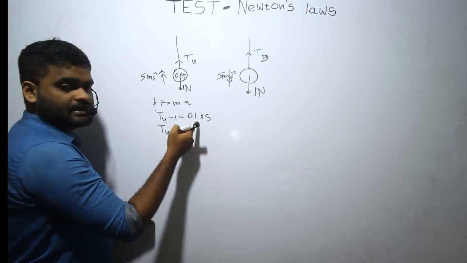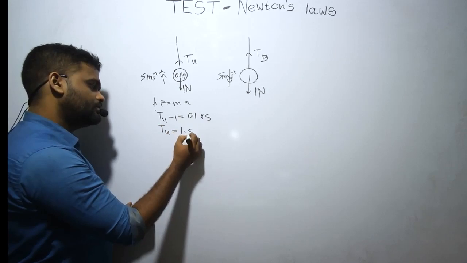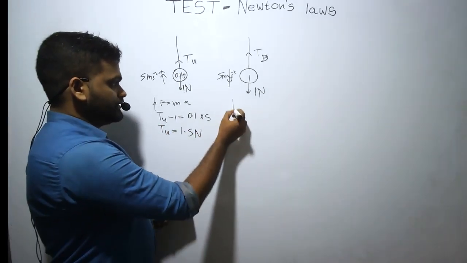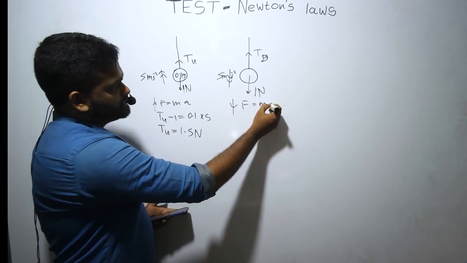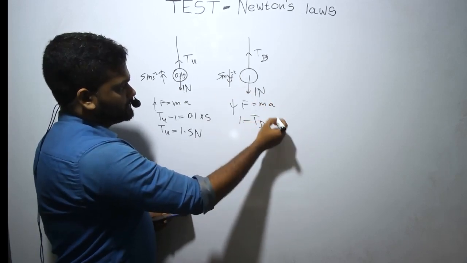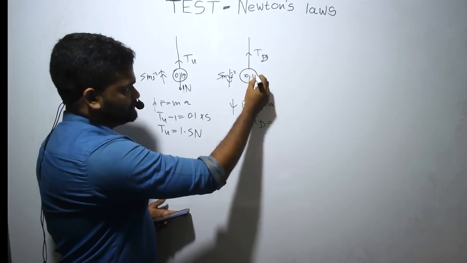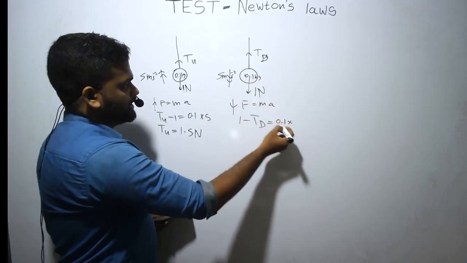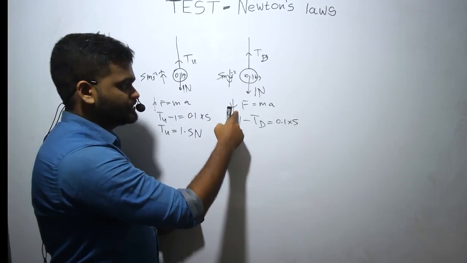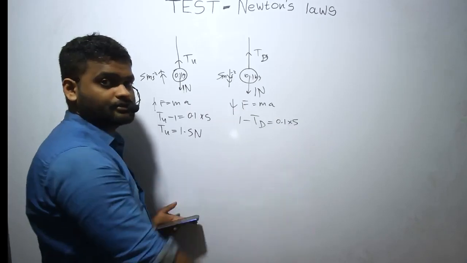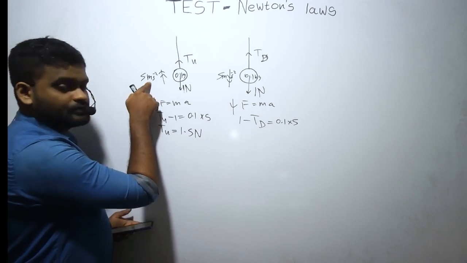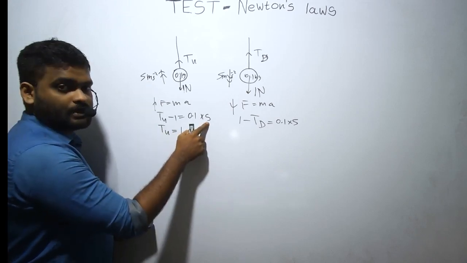Minus 1 goes to the other side, 1 plus 0.5, so it is 1.5 Newton. Then apply F equals ma downwards: 1 downwards, TD upwards, so 0.1 kg times the acceleration downwards. It is positive, right? I apply the equation downwards, so the acceleration is also positive. Here you apply it upwards, the acceleration is also upwards. That's why you got a positive value, right?